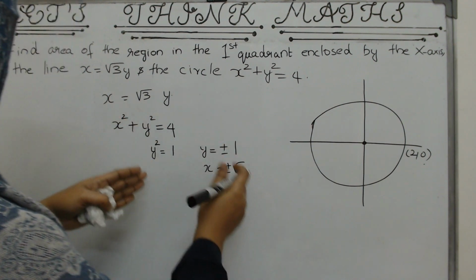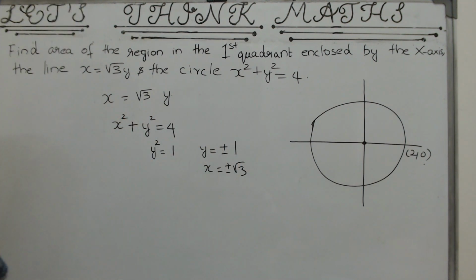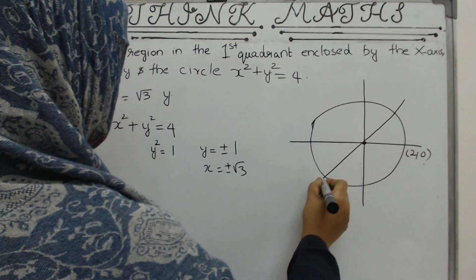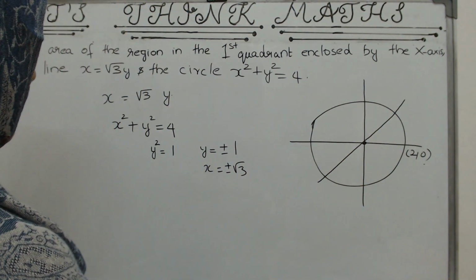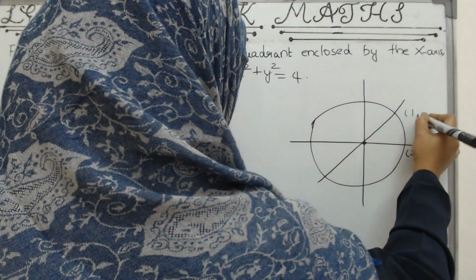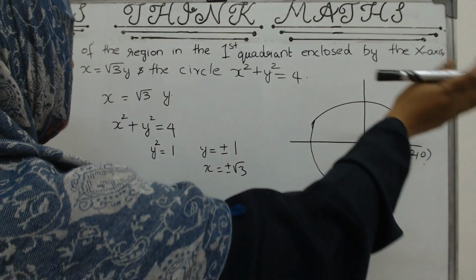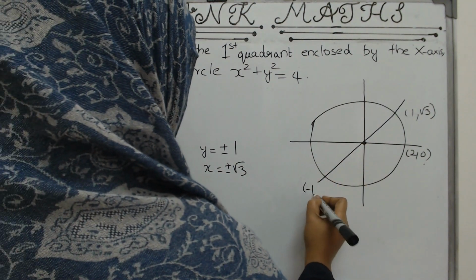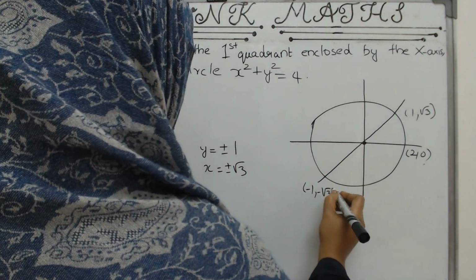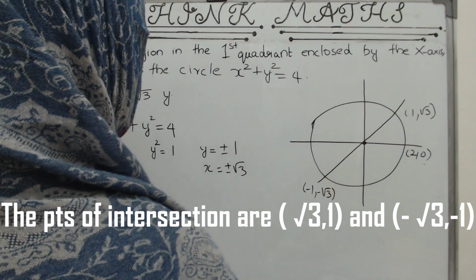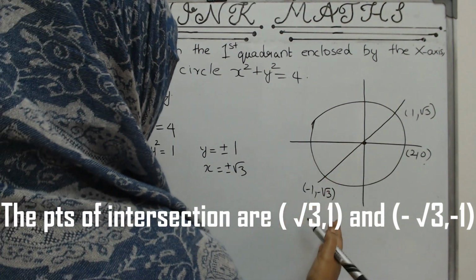Then why do we have so many options? Do you understand why? Because it is cutting the circle both in the first quadrant and the third quadrant. So root 3 and 1 are the point where it meets the circle in the first quadrant, and minus root 3 and minus 1 are the point where the line meets the circle in the third quadrant.